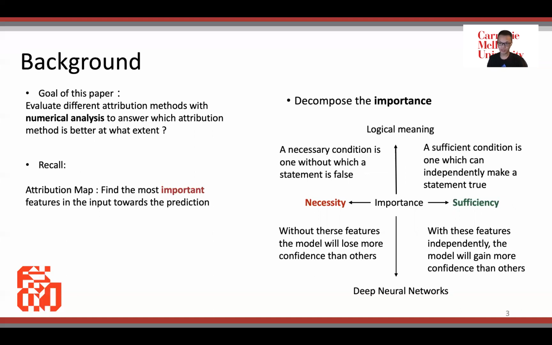Necessity and sufficiency are originally two logical properties, and we adapt them to the context of deep neural networks. A feature or group of features is more necessary than others if, without these features, the model loses more confidence than others. And a feature or group of features is more sufficient if, with these features independently, the model gains more confidence than others.